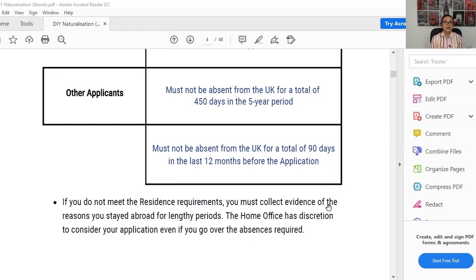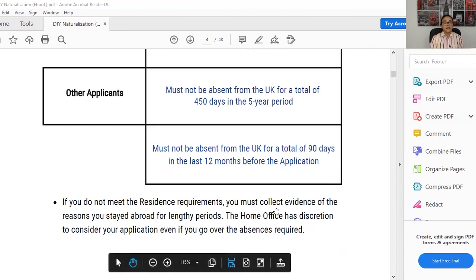So if you can explain why you were absent for the extra 20 days, let's say, for example, you were ill and in the hospital, or in connection with your employment you were sent to another country and worked there for 20 days, or you had business meetings, then you need to provide evidence.